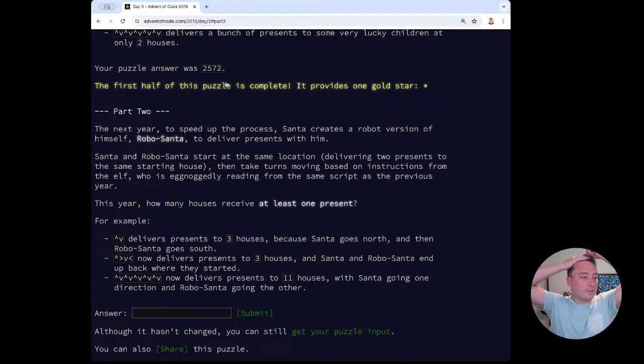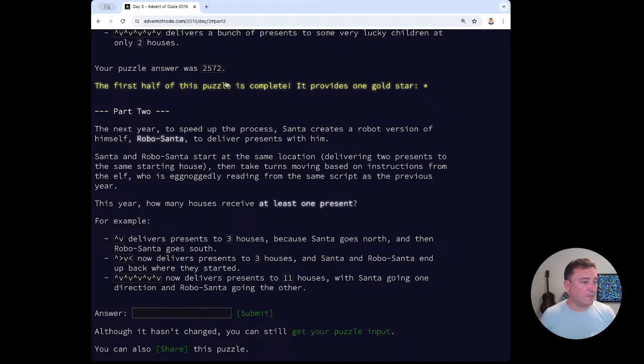The next year, to speed up the process, Santa creates a robot version of himself, Robo Santa, to deliver presents with him. Santa and Robo Santa start at the same location, delivering 2 presents to the same starting house, then take turns based on instructions from the elf, who is eggnoggedly reading from the same script as the previous year. This year, how many houses receive at least 1 present?